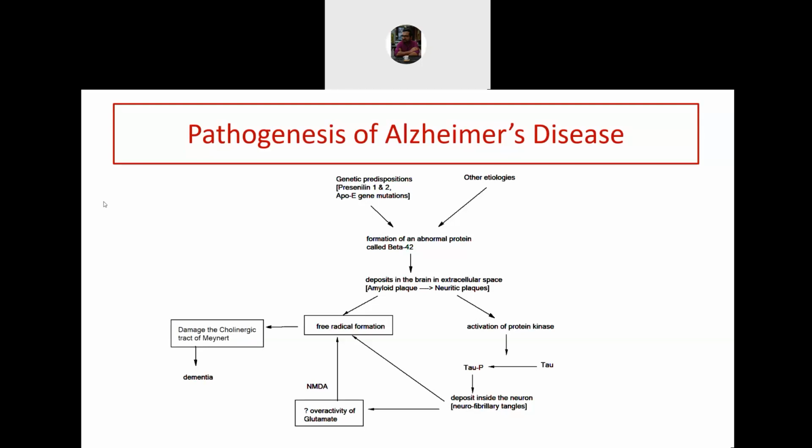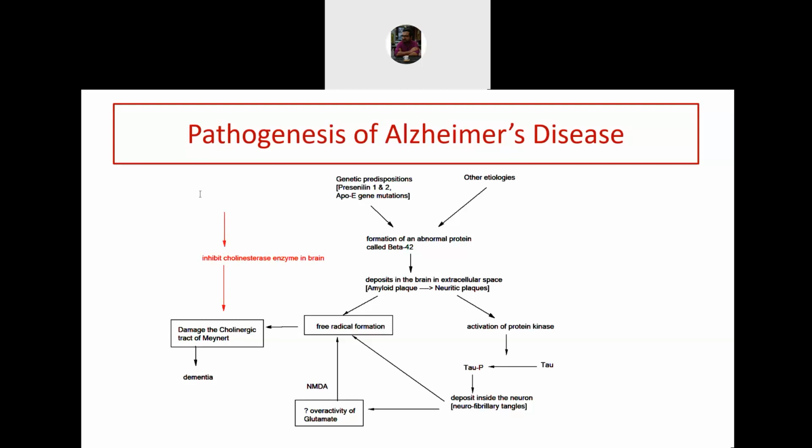Unfortunately, most of these causes cannot be reversed. So we have only two targets of treatment. We can supplement acetylcholine by inhibiting the metabolism of acetylcholine. So one target is to inhibit the cholinesterase enzyme in the brain so that acetylcholine remains in the brain, and this can be done by central cholinesterase inhibitors.